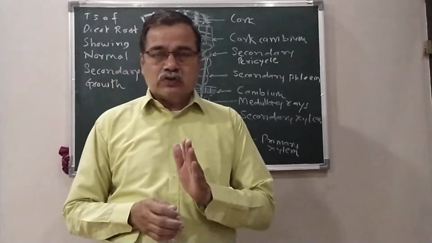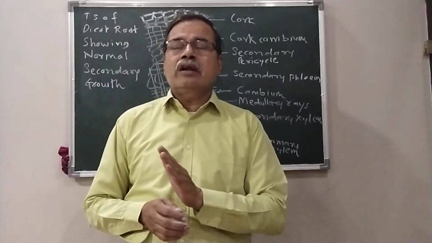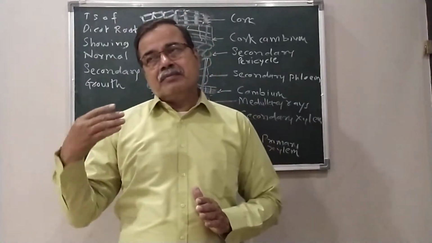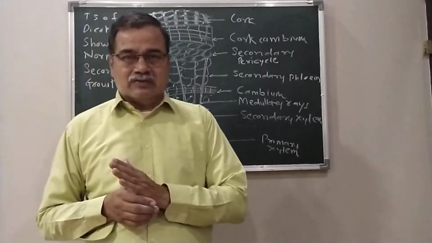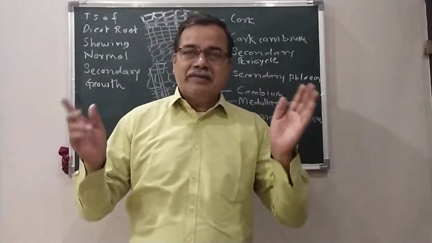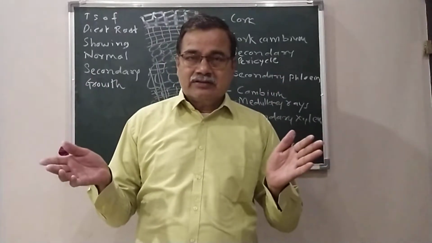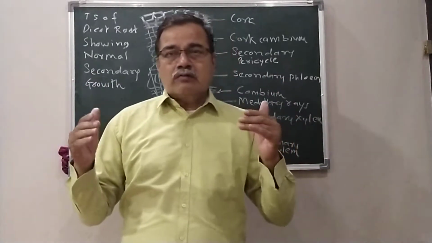The plants which grow more than 1 or 2 years, they remain many years, are known as perennial plants. As the perennial plant grows, it forms many branches, sub-branches, leaves, flowers, fruit.